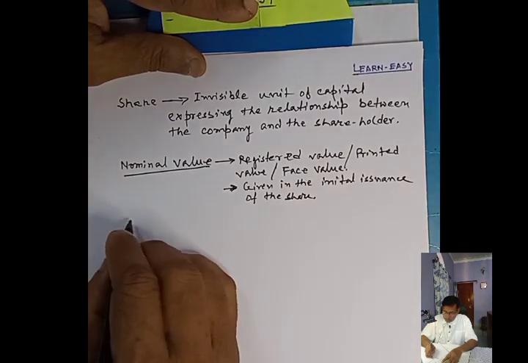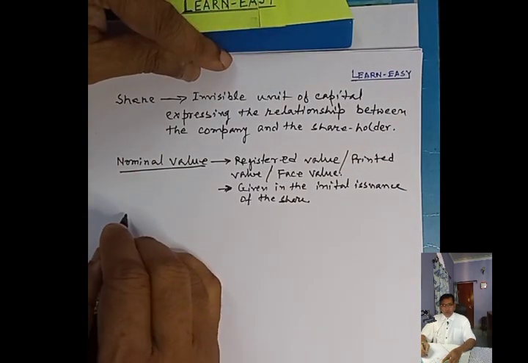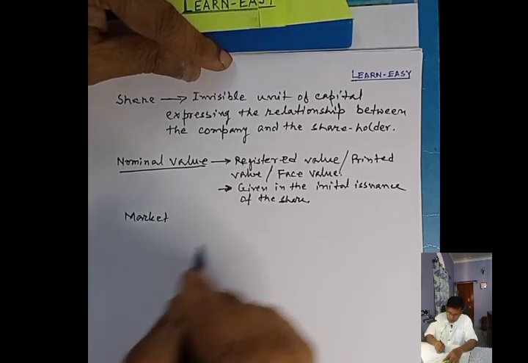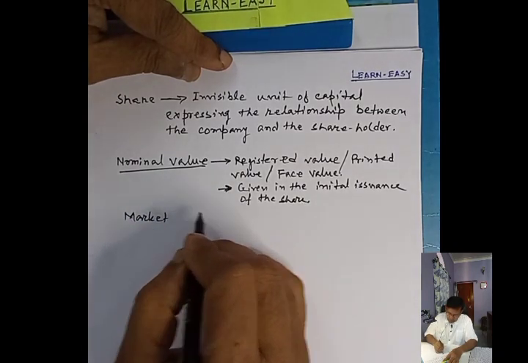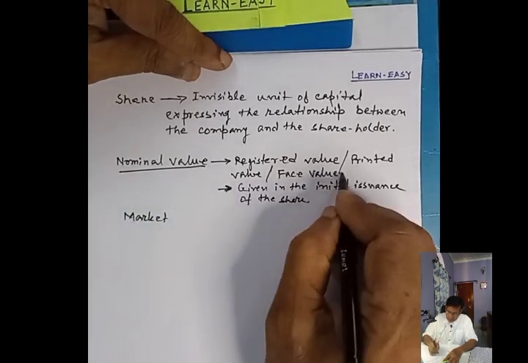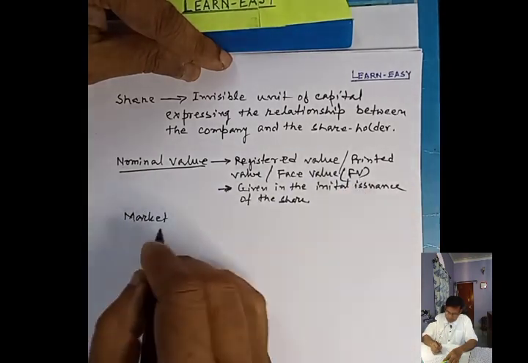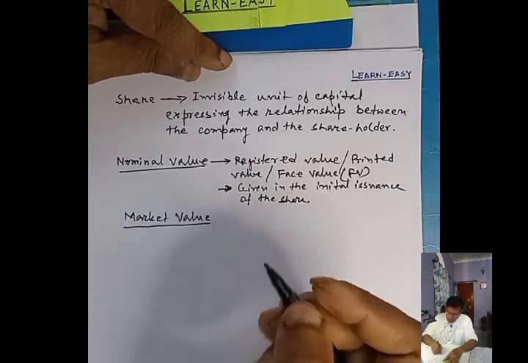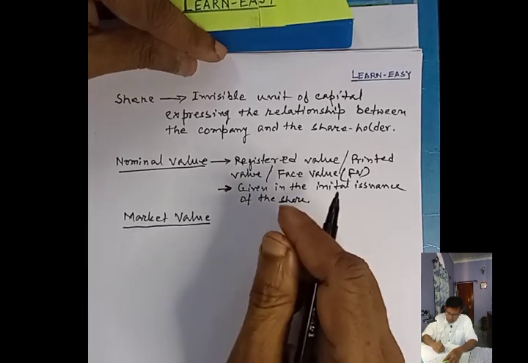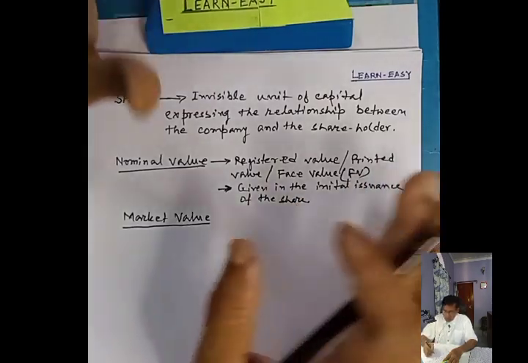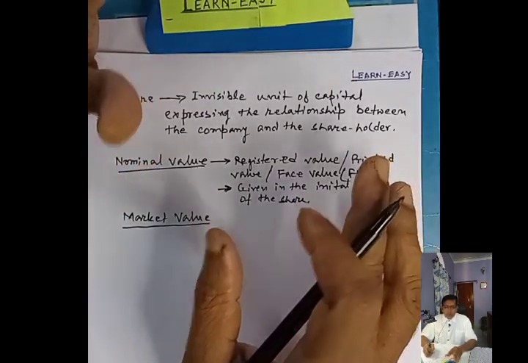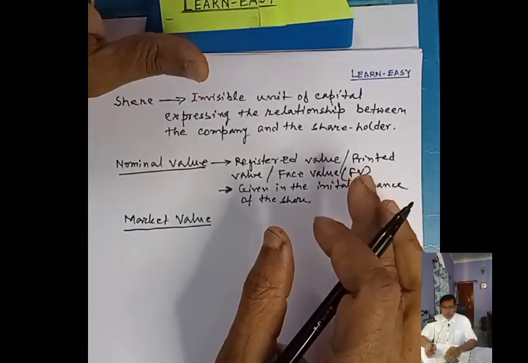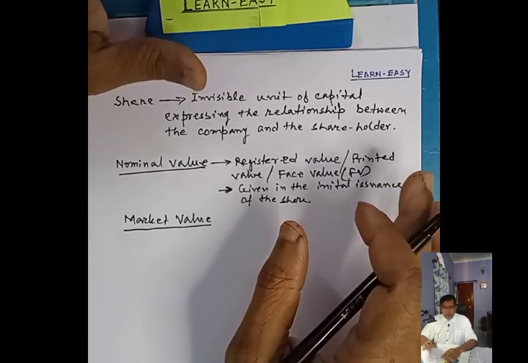Now, second term is market value. What is the market value? It is the price of share at a particular time in the market, stock market. In this price, shares are purchased or sold in the stock market.